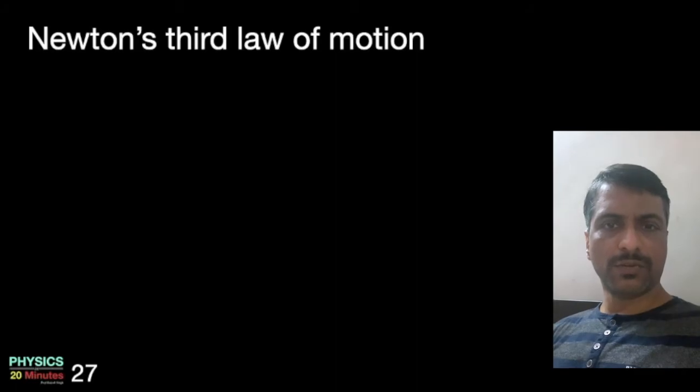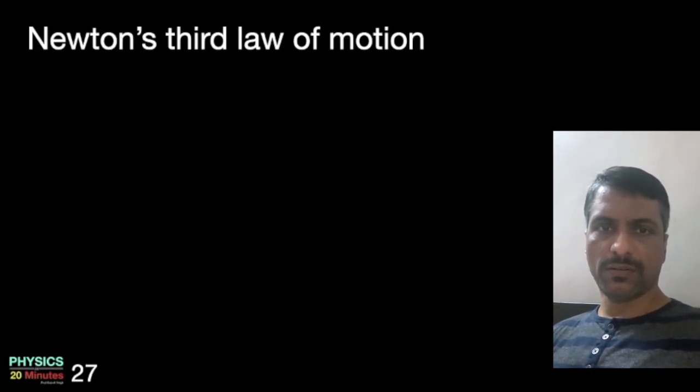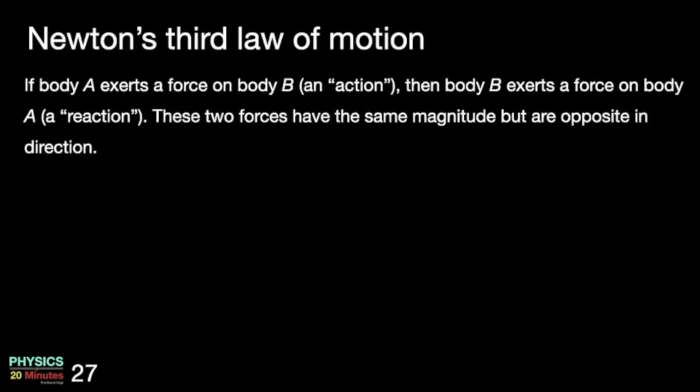If there is one Newton's law which is very popular, it is Newton's third law. To every action, there is an equal and opposite reaction. A body A exerts a force on body B, which we normally call the action force. Then body B exerts a force on body A, which is called the reaction force.